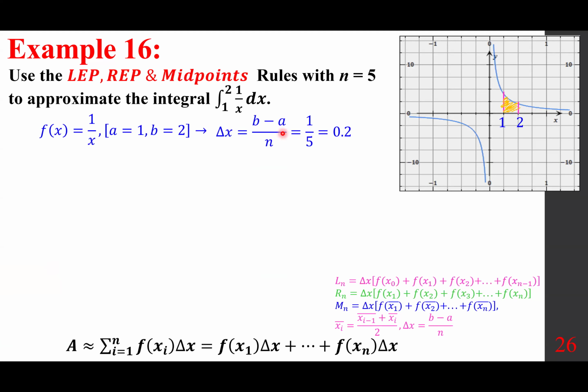So delta x is (b minus a) over n, or 1 over 5, right? 2 minus 1, 1 over 5, or 0.2. So pretty straightforward.